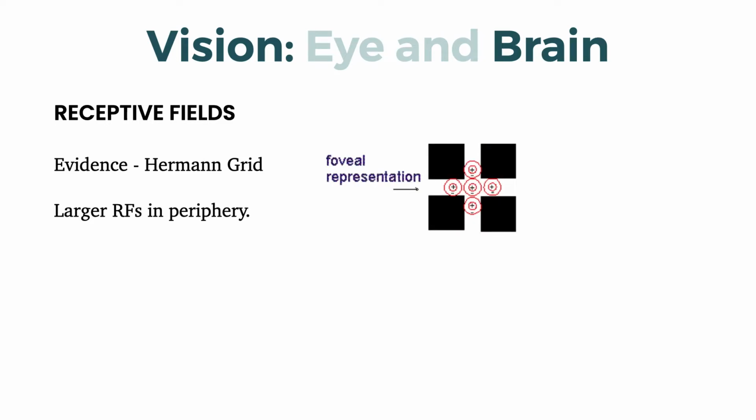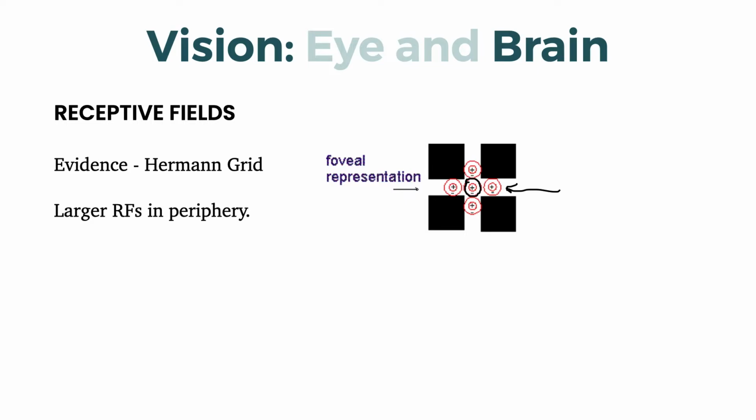So here is what your receptive fields look like in the fovea. Okay, they're small. So when you're looking straight on at one of these intersections, this is the receptive field layout. Now notice how much light is being projected onto one of these guys in the alleyway versus onto this guy here in the center.